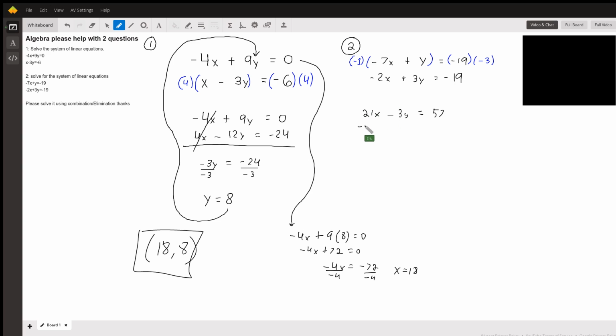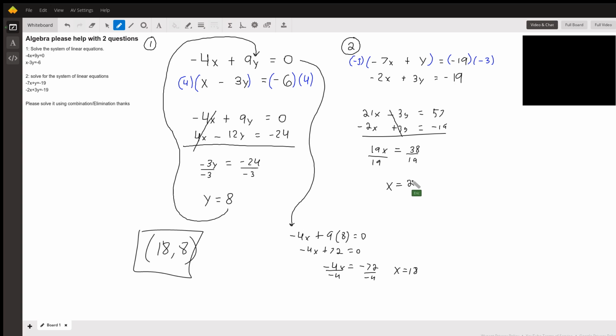We have negative 2x plus 3y equals negative 19. Now when we add the equations together, the negative 3y and positive 3y cancel out, and we have 21x minus 2x, which is 19x, equals 57 minus 19, which is 38. Now we can just divide both sides by 19, and we have x equals 2.